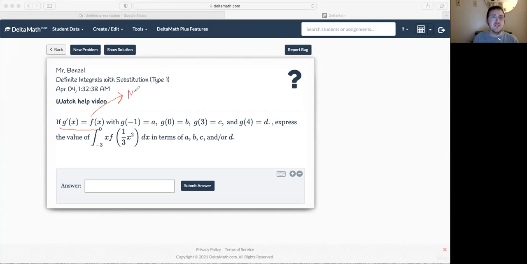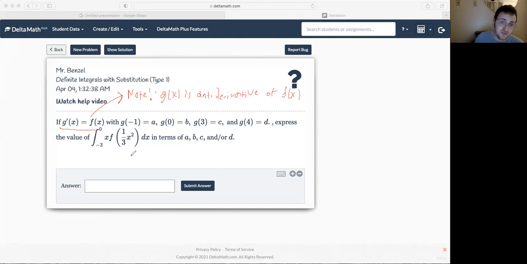So note, this means that g of x is the antiderivative of f of x.